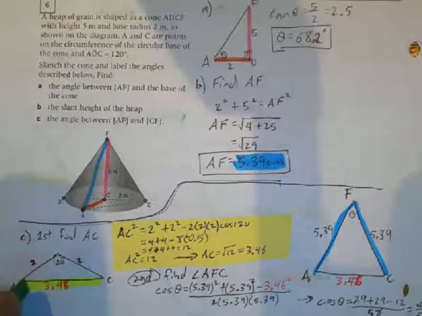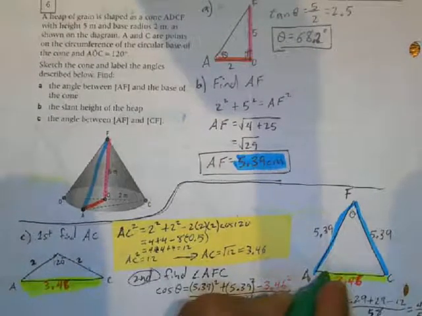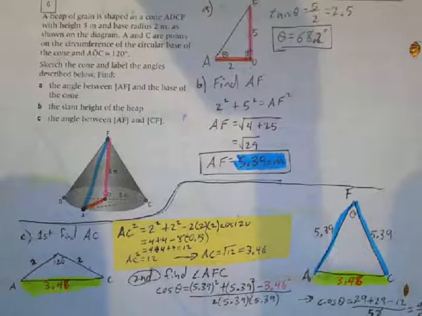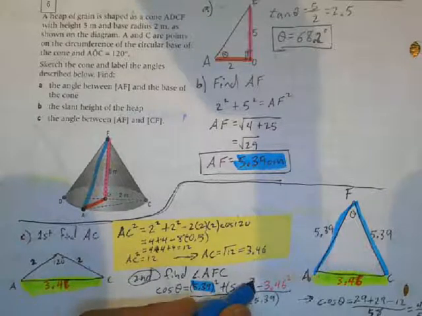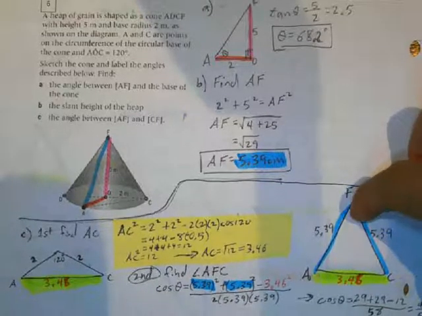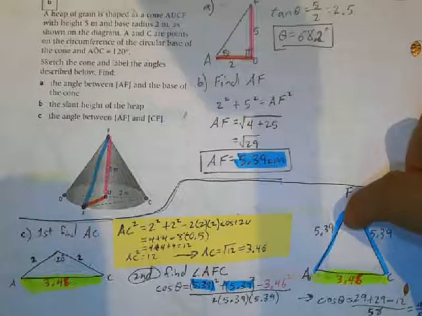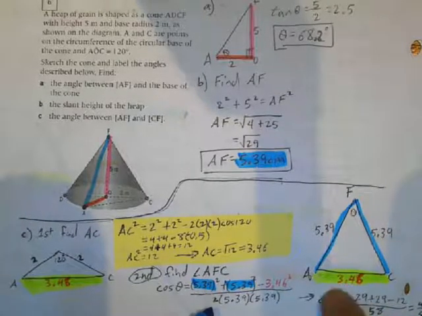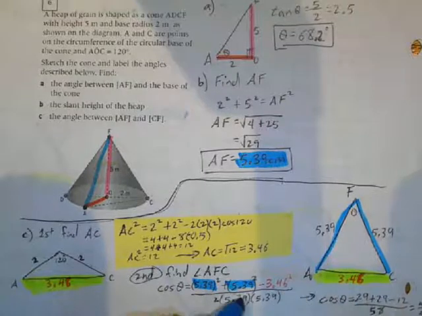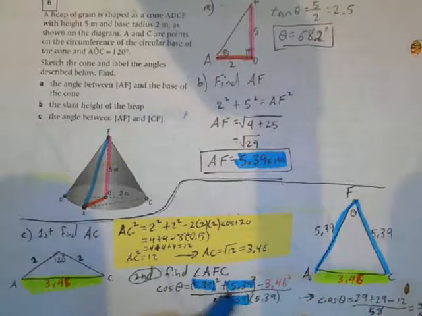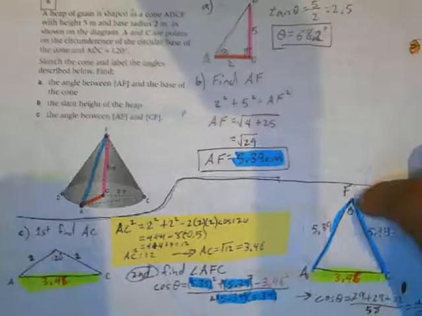Okay, using that information, I went over here, and now I've got this triangle, and I know 3 sides of it. So if I'm trying to find this angle, once again, use law of cosine. So 5.39 squared plus 5.39 squared, these are the sides on either side of the angle, minus 3.46 squared, divided by 2 times the sides on either side of the angle.